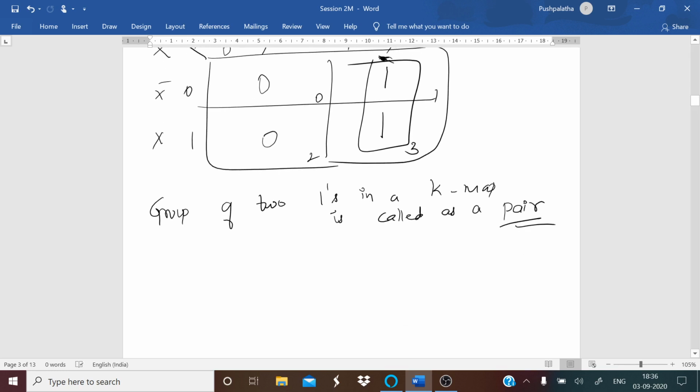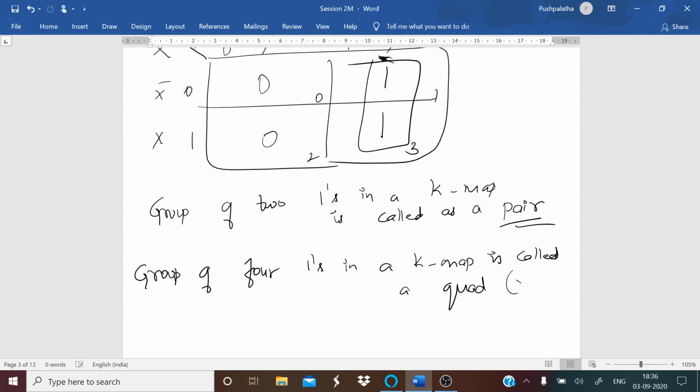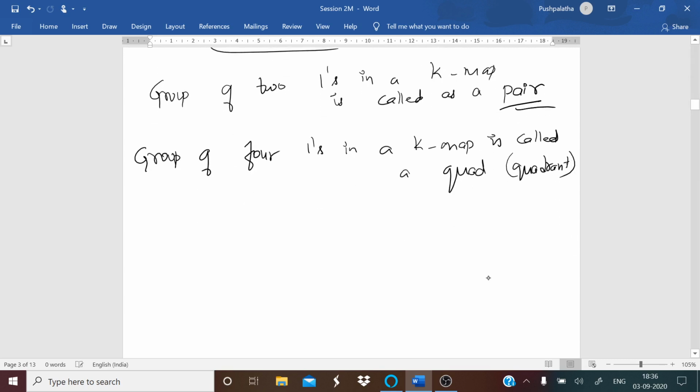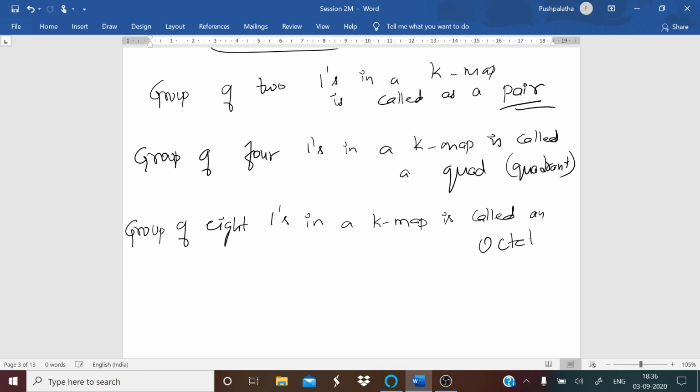In the same way, a group of 4 ones in a K-map is called a quad. Okay, you can also call it a quadrant. In short, we are going to call it a quad. And then a group of 8 ones in a K-map is called an octet.